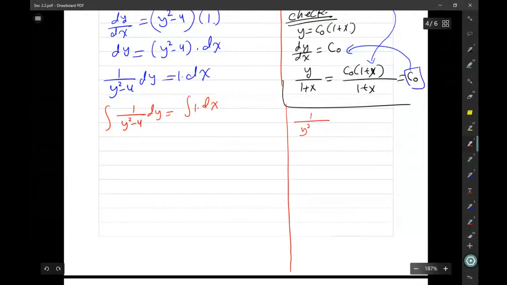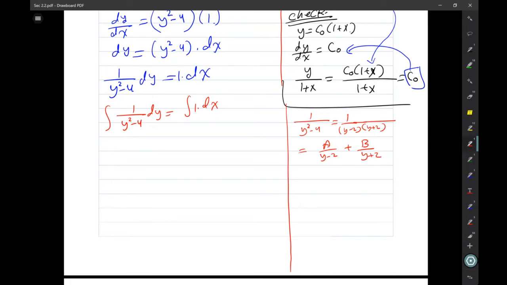Well, 1 by y square minus 4 is equal to 1 by y minus 2 times y plus 2, which by partial fractions is a divided by y minus 2 plus b divided by y plus 2. Of course, you will find the constants: a is equal to 1 by 4, and b is equal to minus 1 by 4.